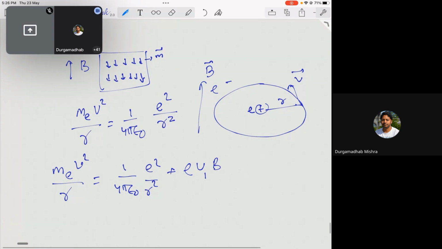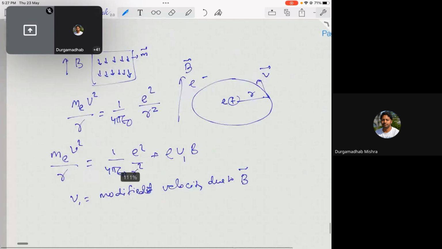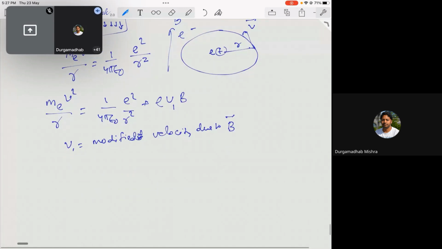And this V1 is the change in velocity. This V1 is a modified velocity due to the magnetic field. So this is the additional force we have.